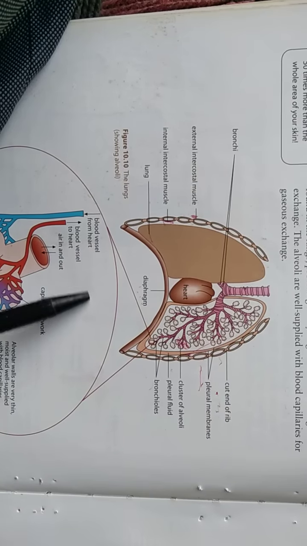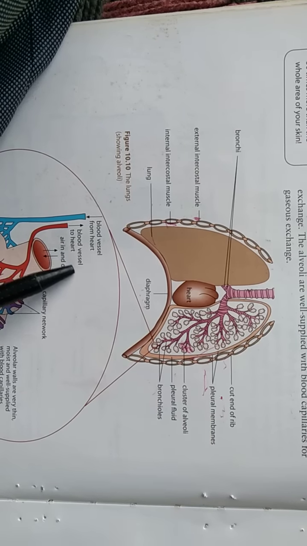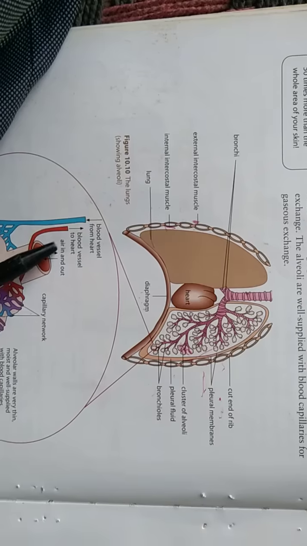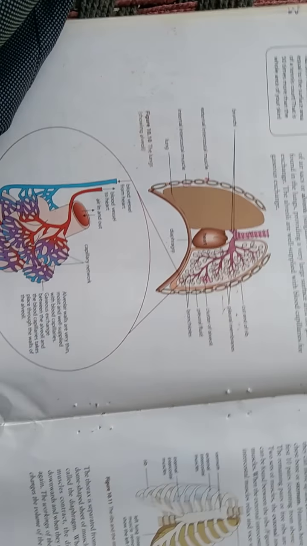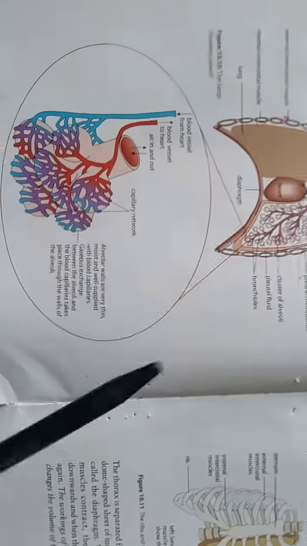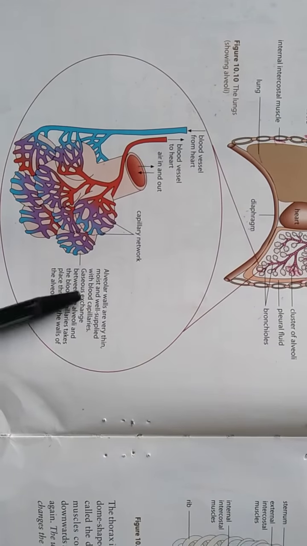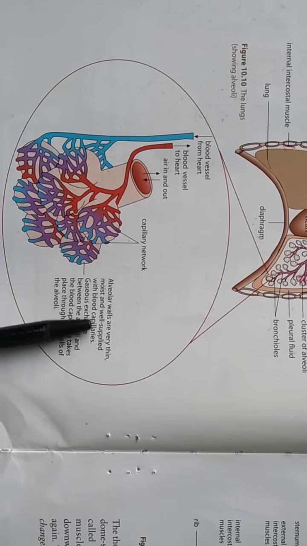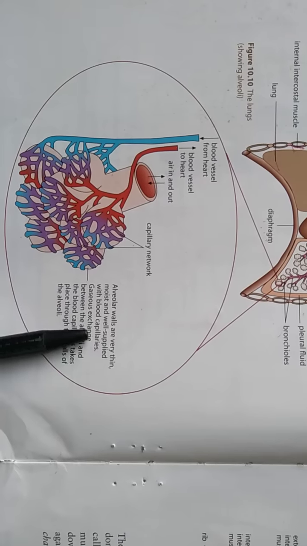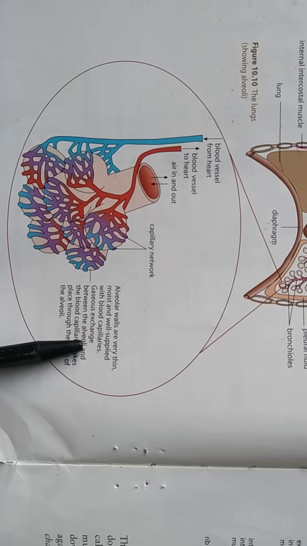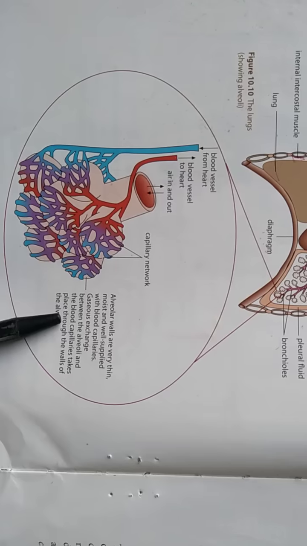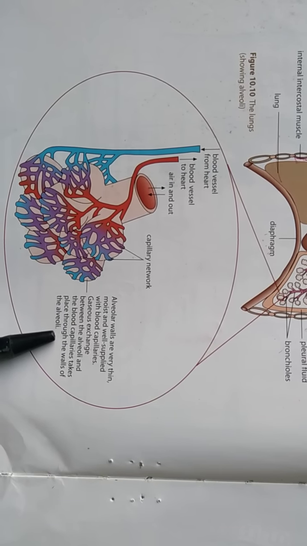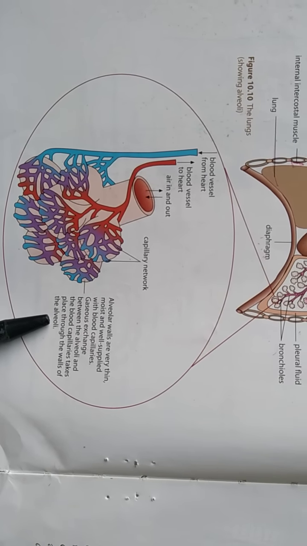Blood vessels from heart, blood vessels to heart. Capillary network. Alveolar walls are very thin, moist and well supplied with blood capillaries. Gas exchange between the alveoli and the blood capillaries takes place through the walls of the alveoli.